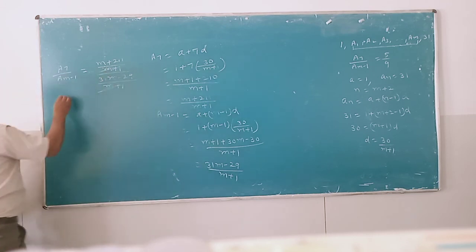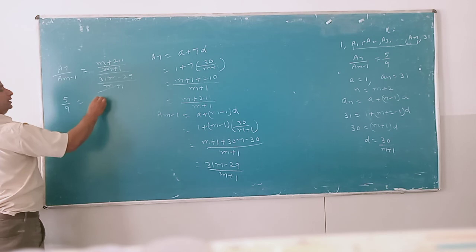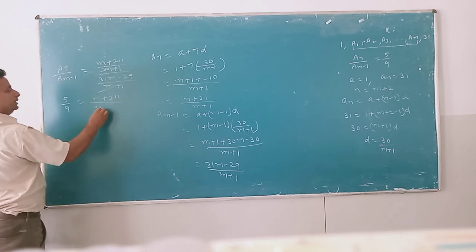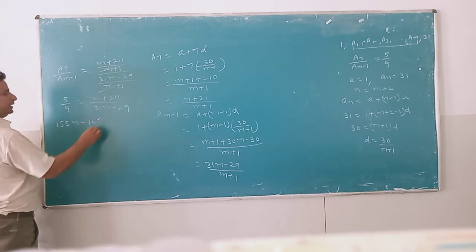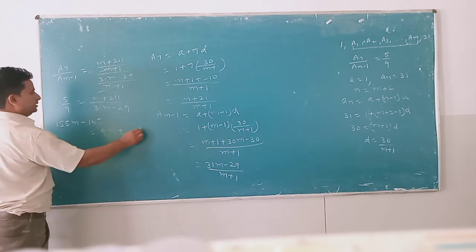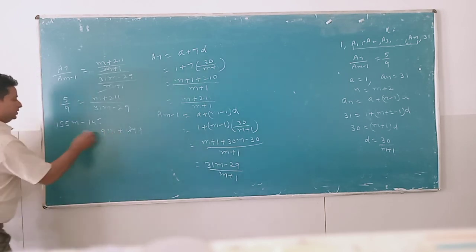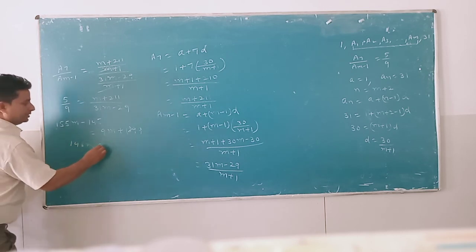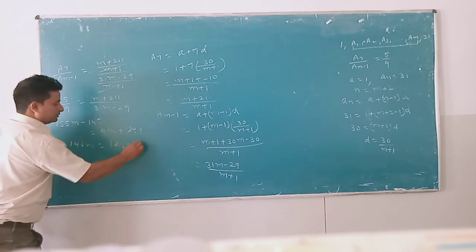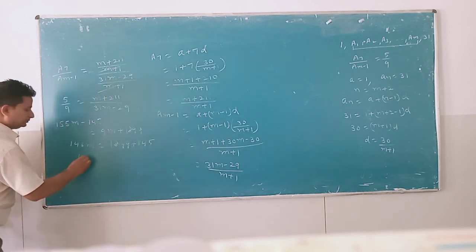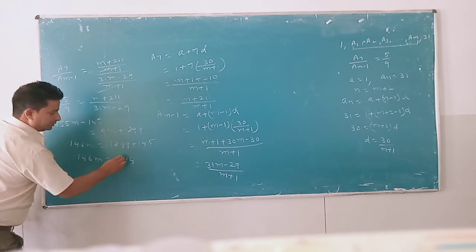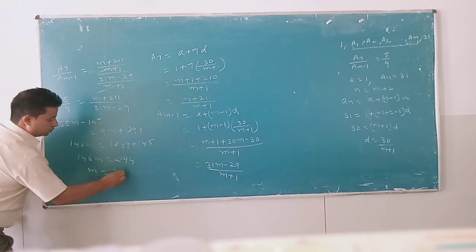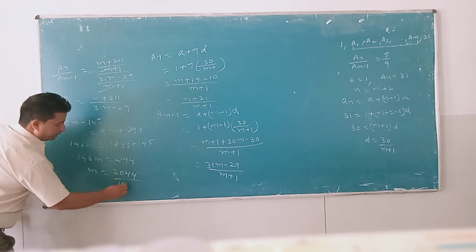These two cancel out. This ratio is 5/9. (m plus 211) over (31m minus 29). When we cross multiply, this is 5 into 31m minus 5 into 29, that is 155m minus 145, and this is 9m plus 9 into 211. So 146m is equal to 1899 plus 145, so m is 2044 upon 146.